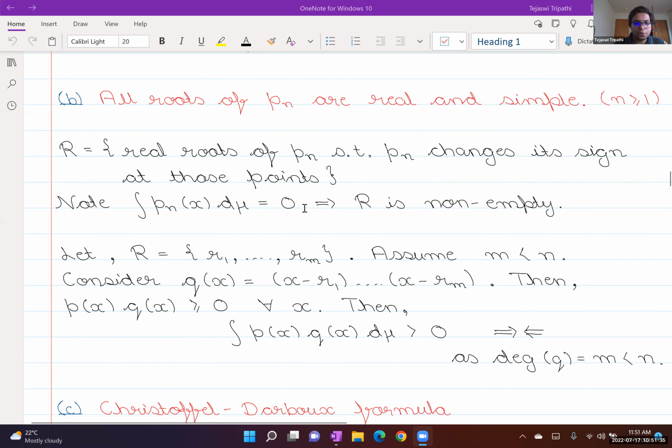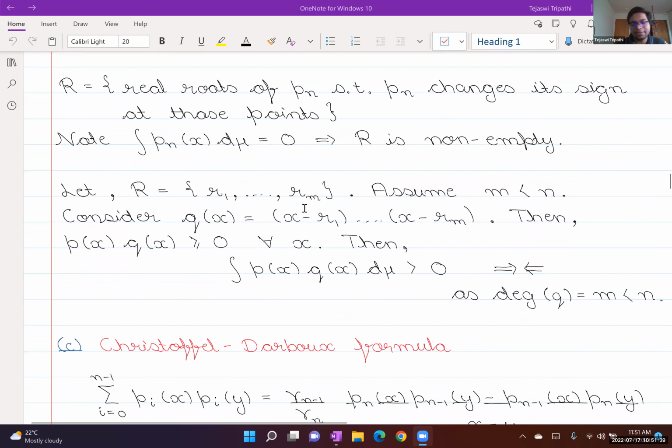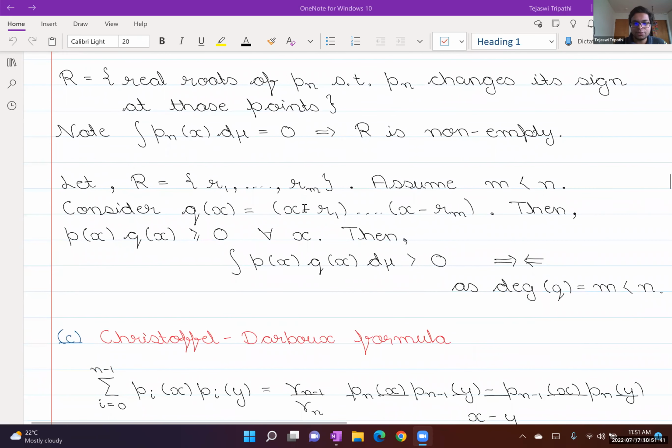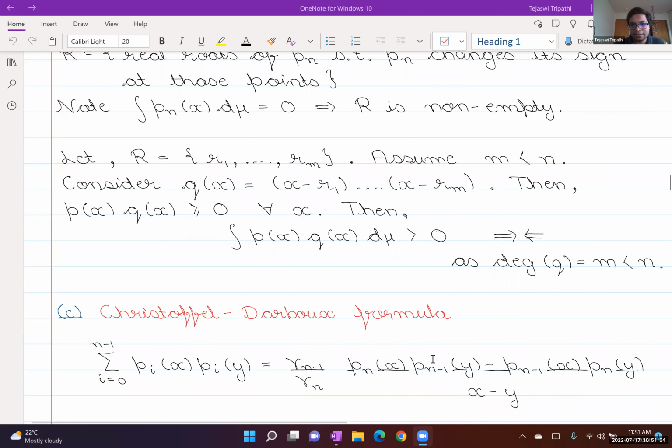There's another useful relation between the orthonormal polynomials. If you take this summation, the product of Pi(x), Pi(y), and sum it from 0 to n minus 1, one can show that this is equal to this.